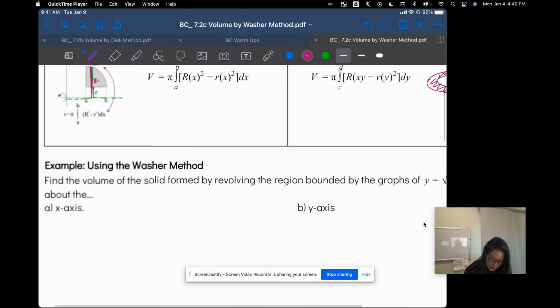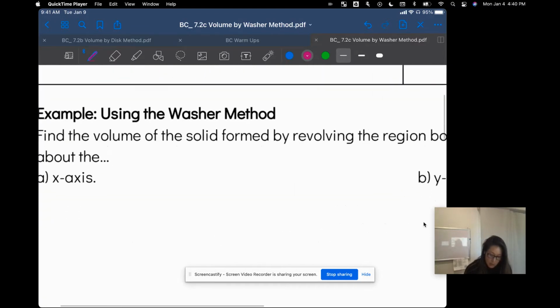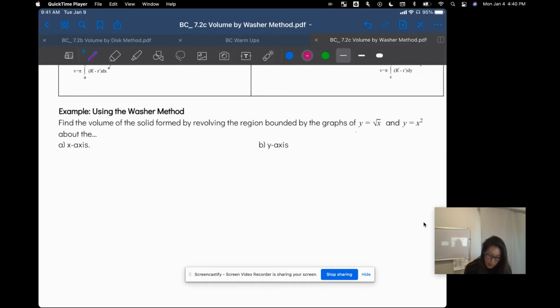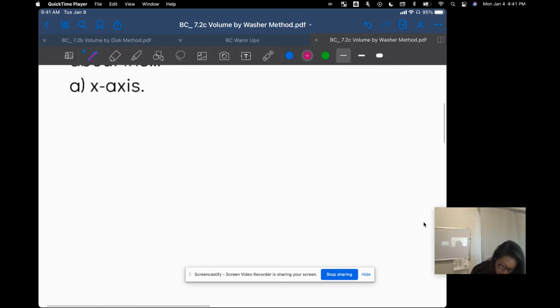Here we go. Next, we're going to find a bunch of volumes by using y equals the square root of x and y equals x squared, and then we're going to rotate them around different axes. So I'm going to graph this.